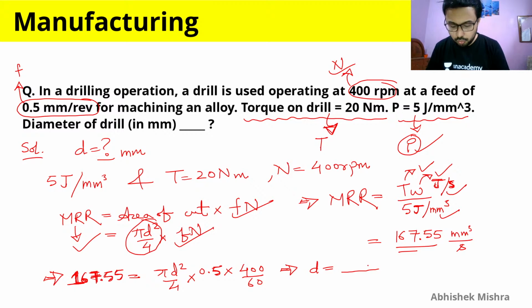It is 2 pi n divided by 60, into 20, divided by 5.